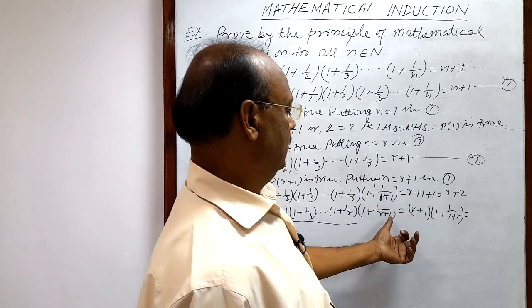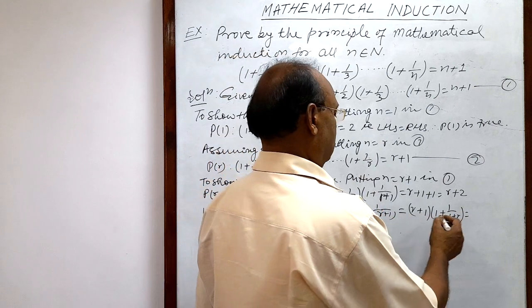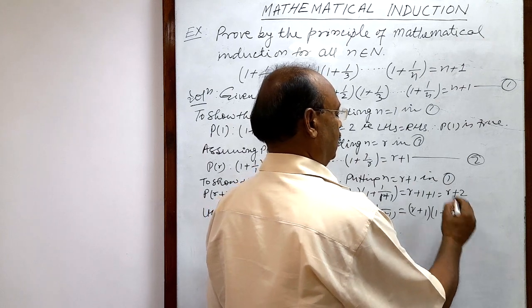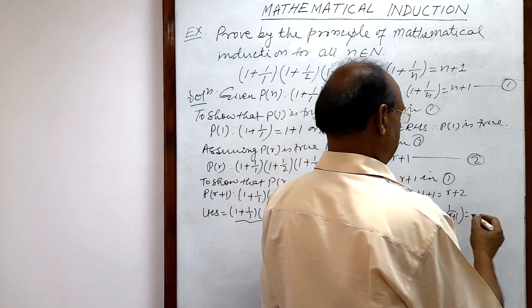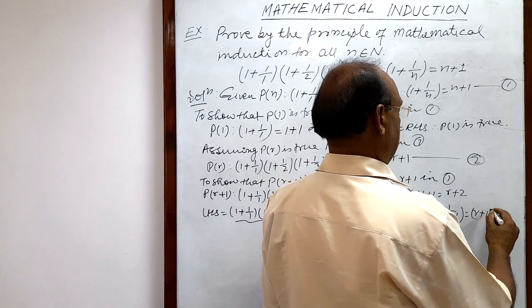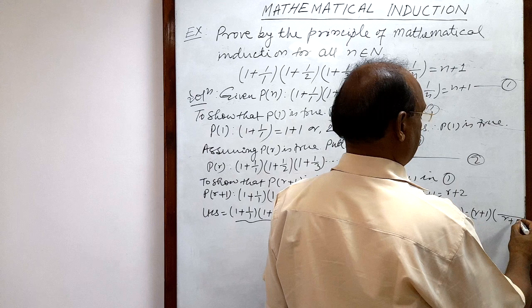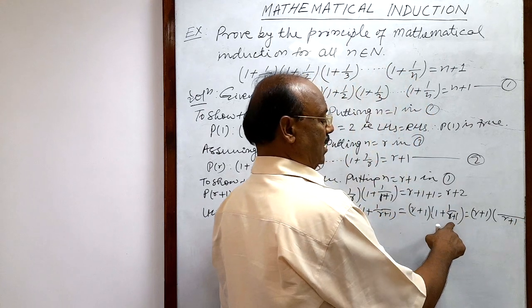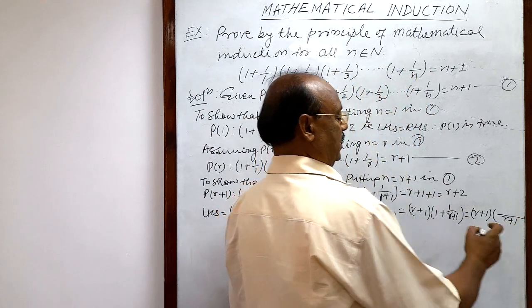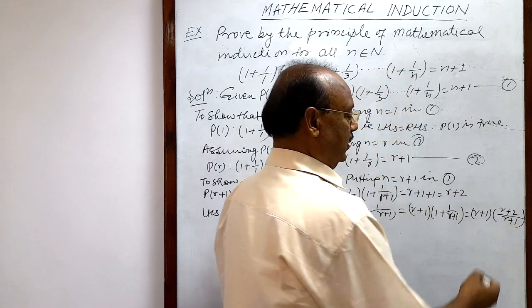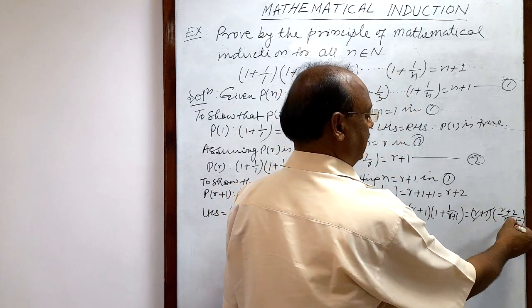1/(r+1) or 1/(1+r), so it is better to write r + 1 here. So this is (r + 1), and here the LCM will be r + 1, and 1 into (r + 1) plus 1 is r + 2. This r + 1 will cancel out.